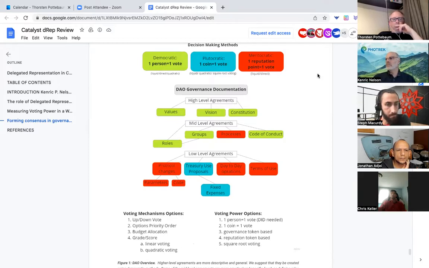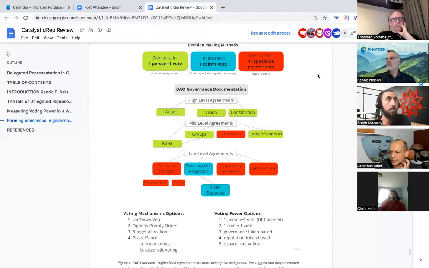The highest level is the most abstract, such as a vision or constitution, and the low levels are the most practical, going to parameter changes in the protocol, using treasuries, and other aspects of the operation. By implementing different voting systems and decision-making methods for different needs, we bring the benefit of each system to the community.